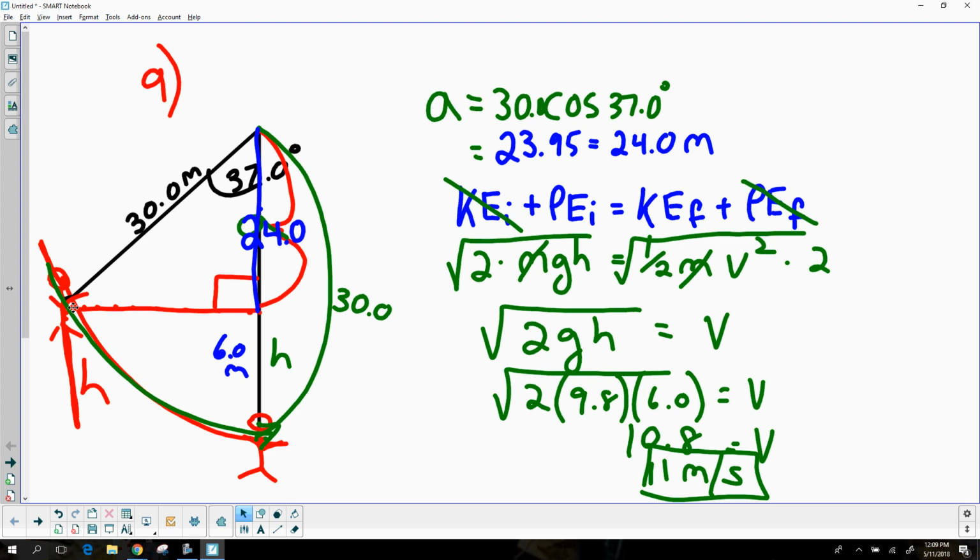So the height that he's off the ground changes. Now, if I know this is 30, I know this is 30, I can make this into a right triangle, find the long leg, subtract it from 30, and get that height.